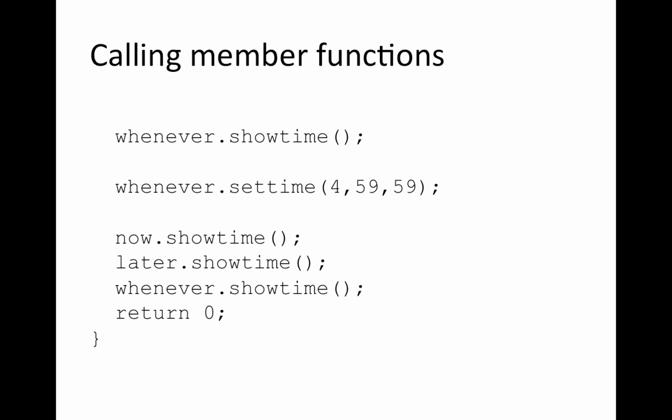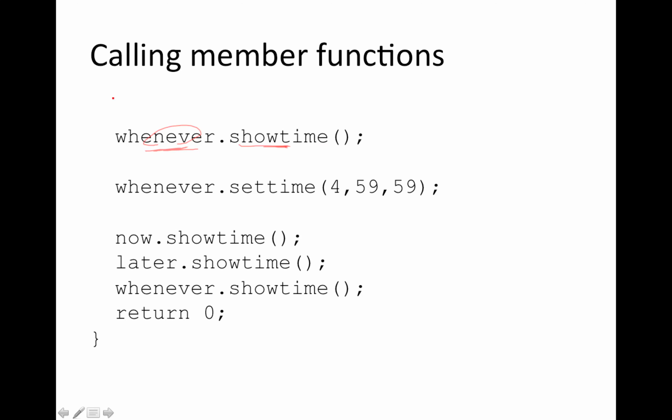So the first case, I'm calling showtime with the whenever object. So notice that I'm not passing any arguments to the function, but I'm calling this showtime function with the whenever object. So in other words, in the body of showtime, when I refer to hours, minutes, and seconds, it's going to be the hours, minutes, and seconds of this particular object.